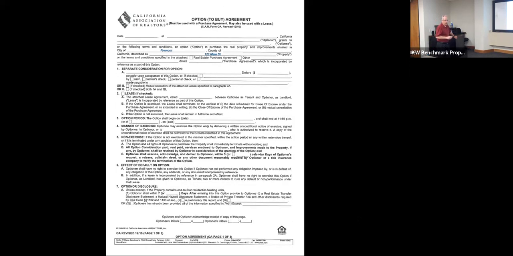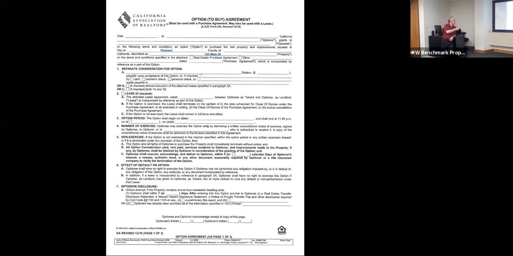Okay, has anyone ever heard of doing a lease with an option to buy? Anybody ever hear of that concept? Where you enter into a lease agreement with a tenant and then you give them an option to purchase the property in the future. We have the forms for that.